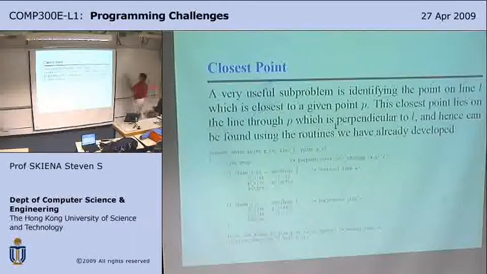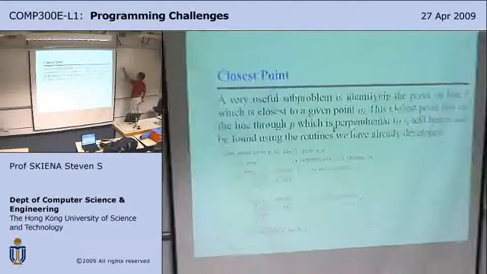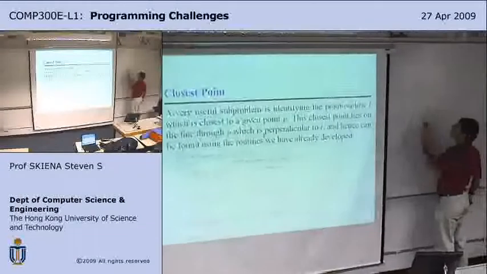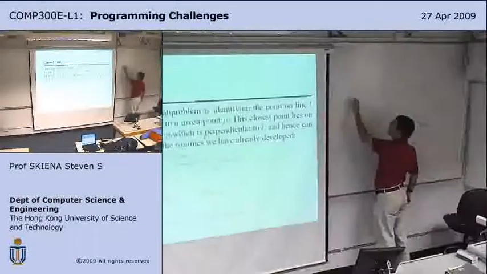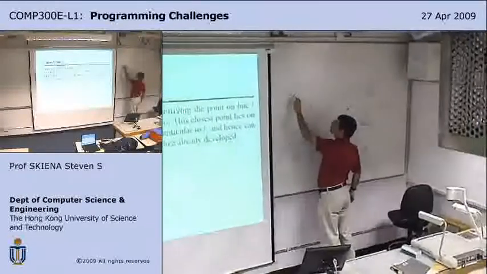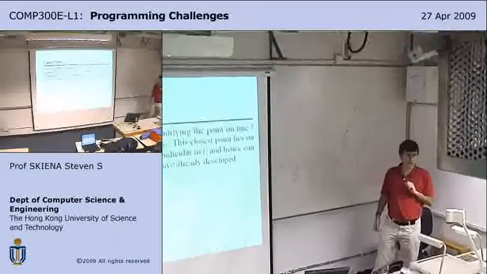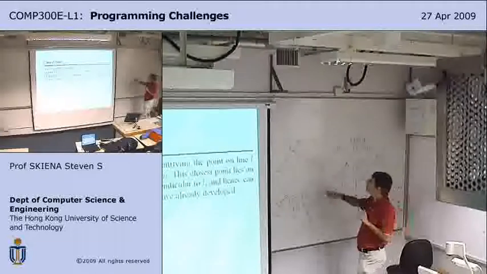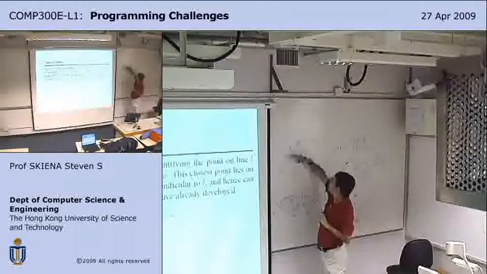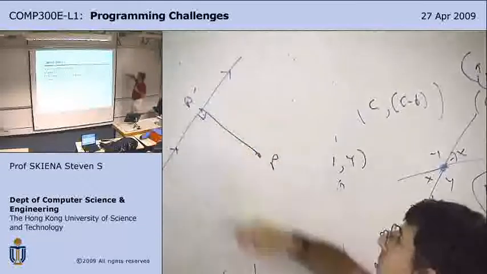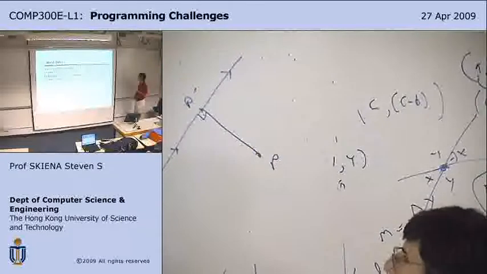Right, so the way that I would do it in general is that if we find the shortest distance between this and this, it's going to define 90 degrees, a right angle. Any point on that line will define an angle, and the shortest one is given when it's 90 degrees.